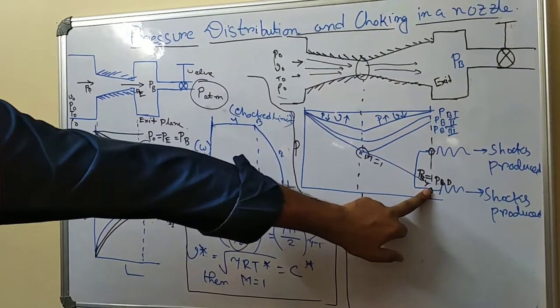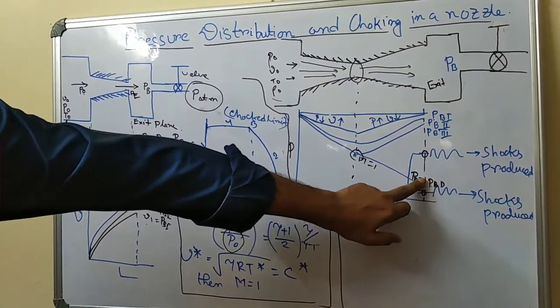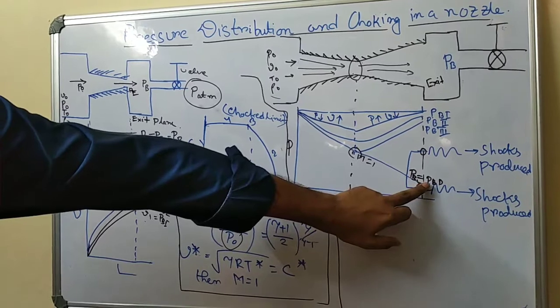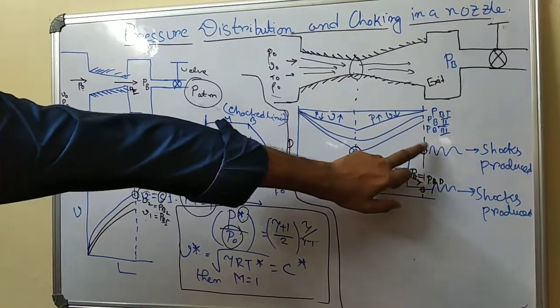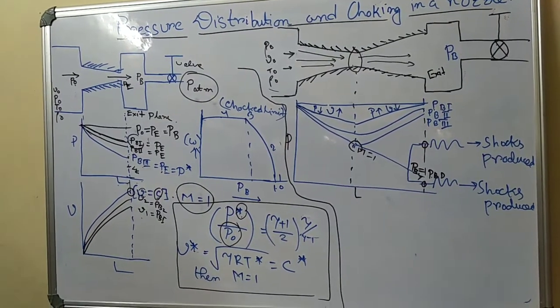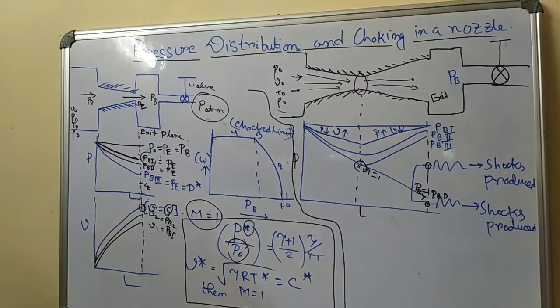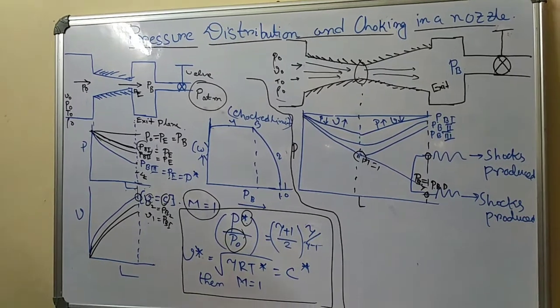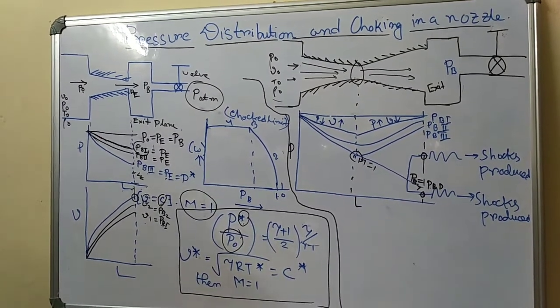If you increase the back pressure from the design back pressure to this limit, then in this region there is no further decrease in exit pressure, and the drop in pressure from PE to PB.